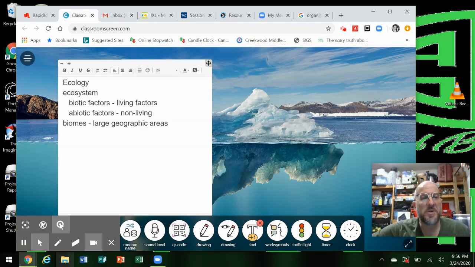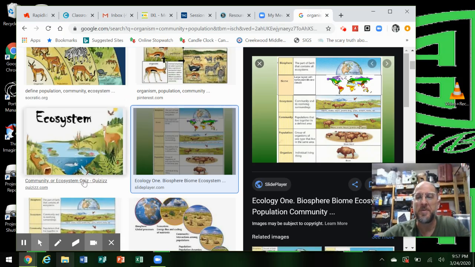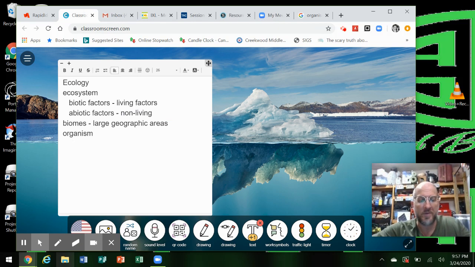Now, let's build an ecosystem from the bottom up, if you will. We're going to start with an organism, and then ask where we go from there to build up an ecosystem or even a biome. So when you start with an organism, let's say it's buffalo, I've got a picture I'm going to show you here in a minute. You have a bunch of buffalo living all together.